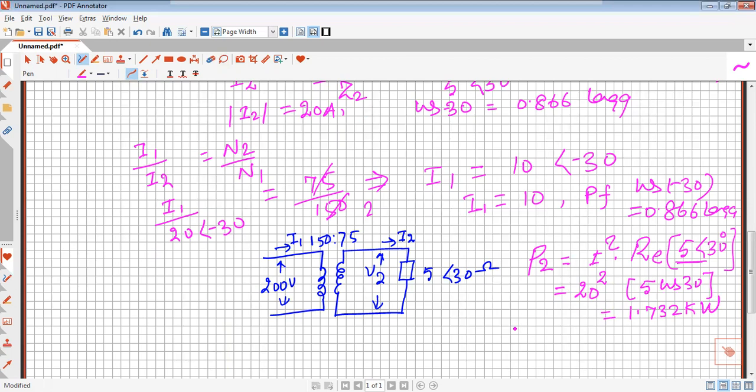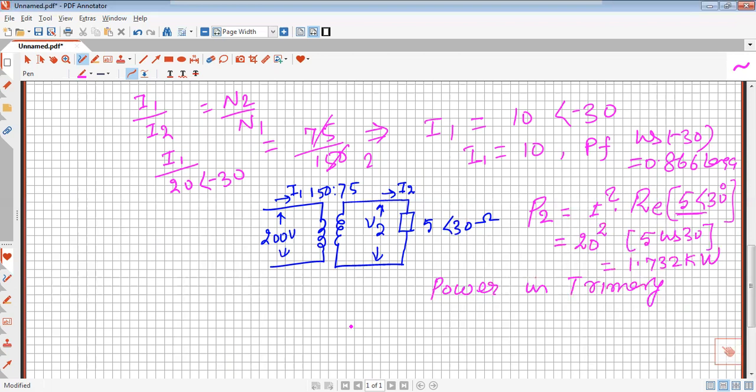In the same way, we can also find the power in the primary. We can use another relation. We can write P1 equal to V1 I1 cos theta. V1 is 200 volt.